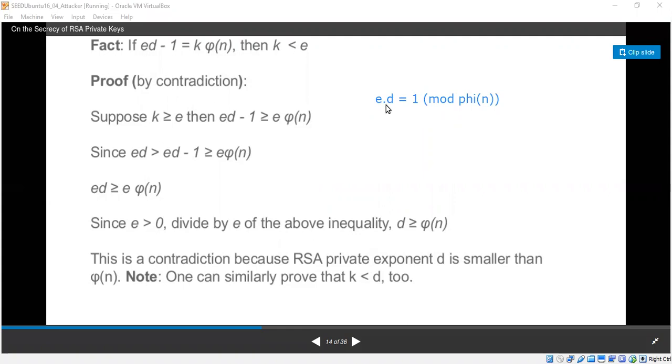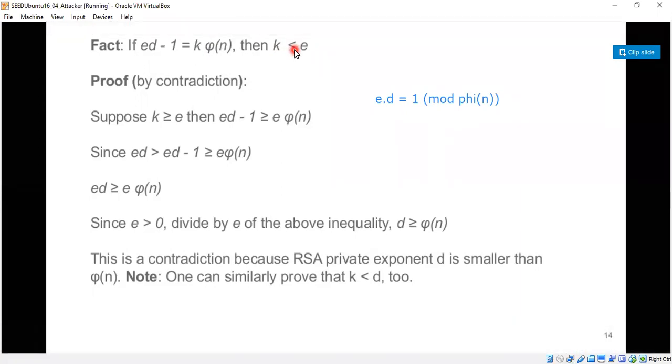It means e times d minus 1 is a multiple of some constant times phi of n. So it turns out that if e times d minus 1 is equal to k times phi of n, k has to be less than e. That's a mathematical fact, and I'm not going to give you a proof for that.